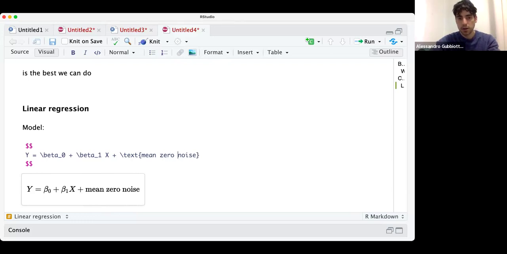So this is the model, usually Gaussian. If we want to have the right p-values, it is Gaussian, but okay, let's use a Gaussian mean zero noise.